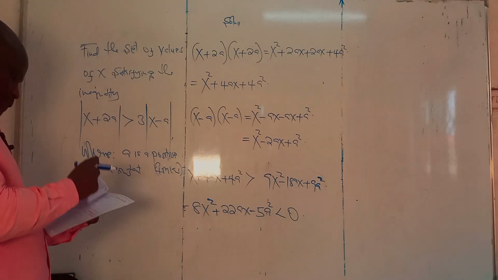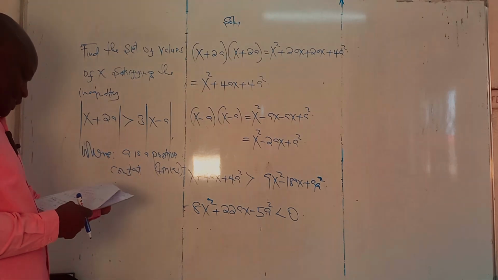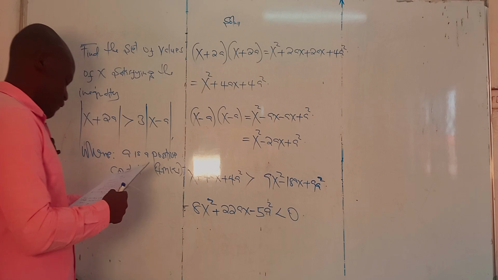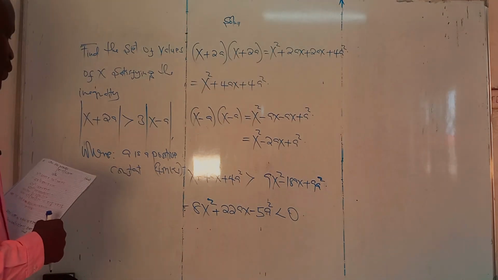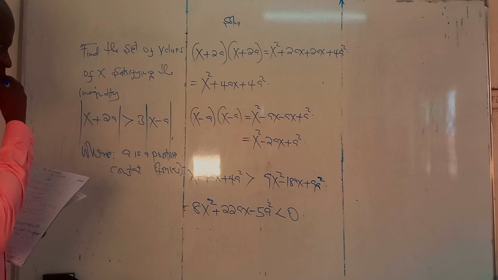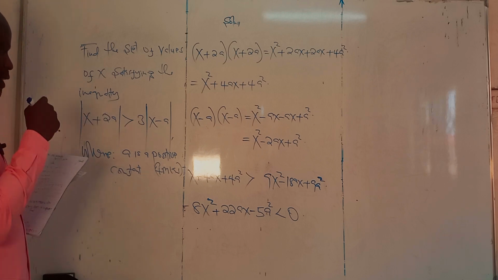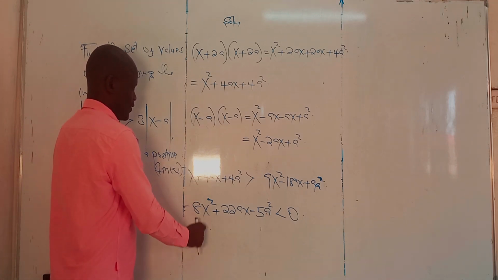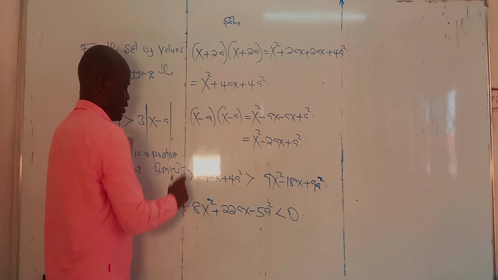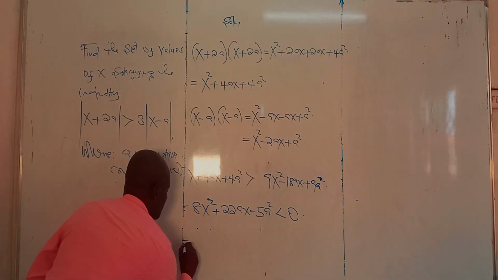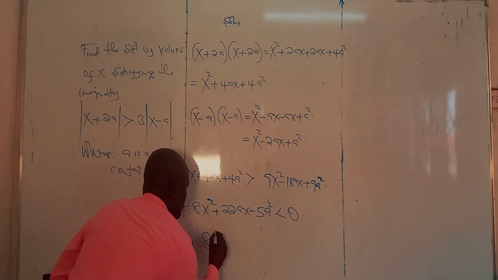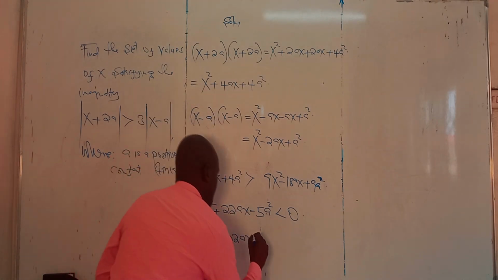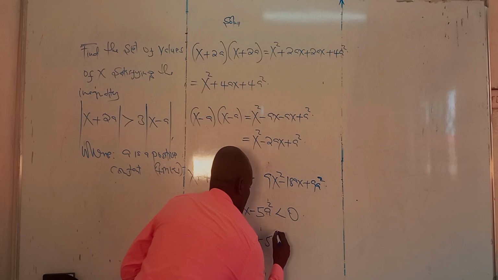So that is minus 8x squared plus 22ax minus 5a squared. What I need to do is multiply each term by a negative so that I take care of the highest power. Multiplying each term by a negative gives me 8x squared minus 22ax plus 5a squared.